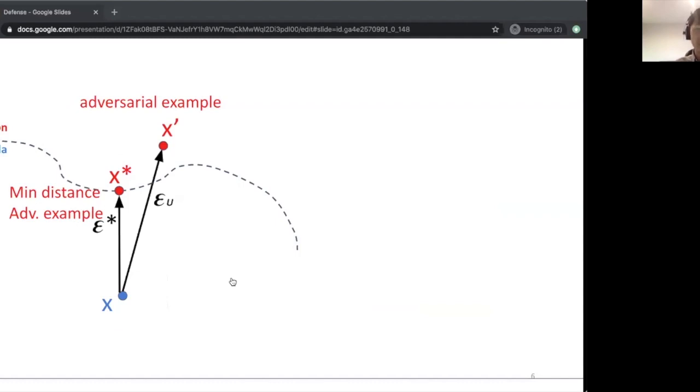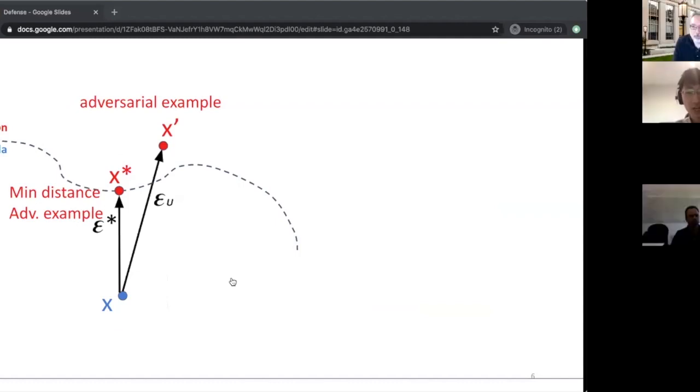So we can define this point as the minimum distance adversarial example, and the corresponding perturbation distance is denoted here as epsilon star. For any other X prime which is classified as gibbon, the perturbation distance is epsilon u, which is larger than epsilon star.